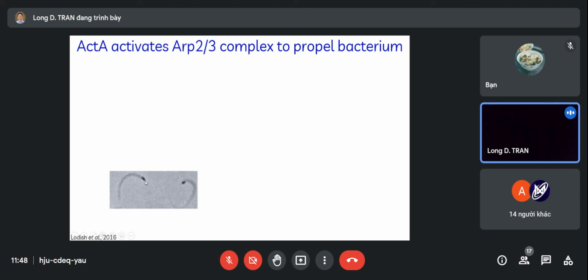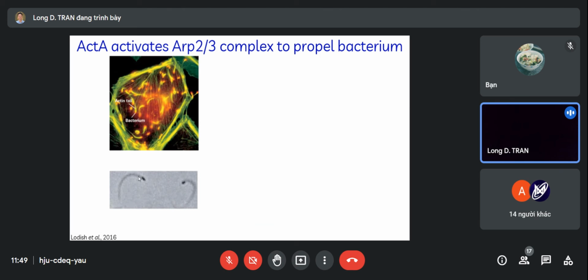This is an electron microscope image, and the black dot here is the bacterium, and this is the actin filament formed by activation of the Arp2/3 complex. And this is how it looks under a fluorescent microscope. We have bacteria inside an eukaryotic cell, and the bacterium is in red while the actin tail is in yellow.